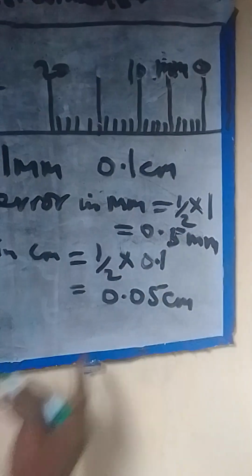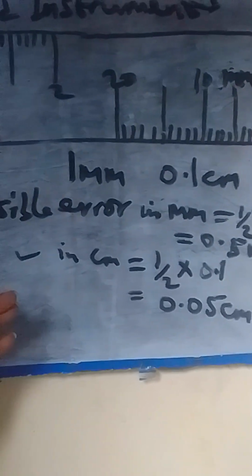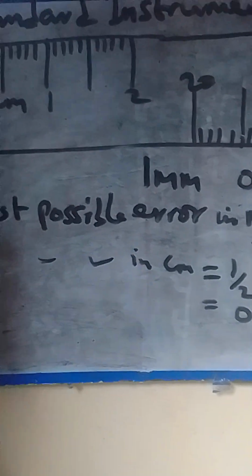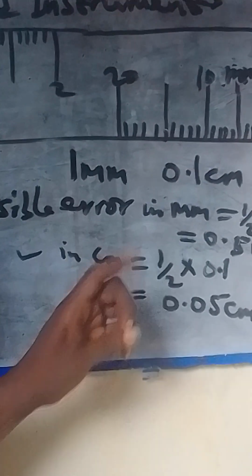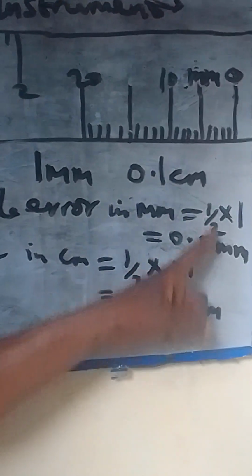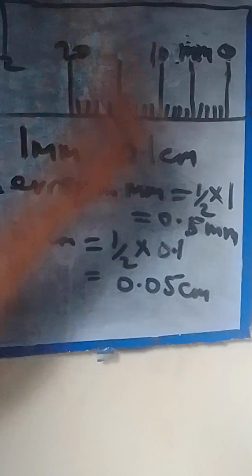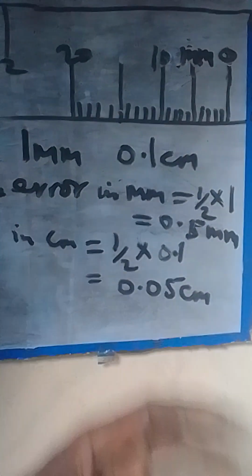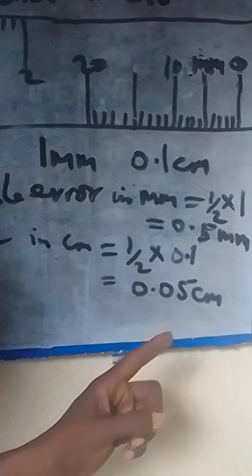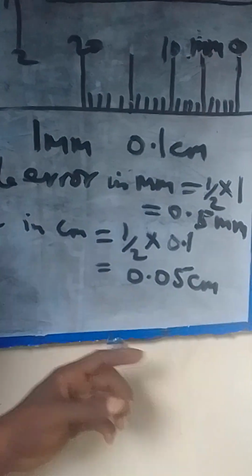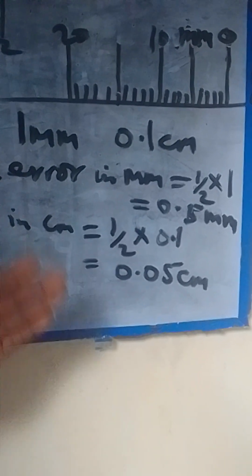Questions come up that way in physics. So you should take note that the least possible error of a meter rule or a measuring tape in millimeters is half times 1, half the smallest division. For centimeters, it is half the smallest division of a meter rule or a measuring tape, as you can see here on the board. Questions come up that way.